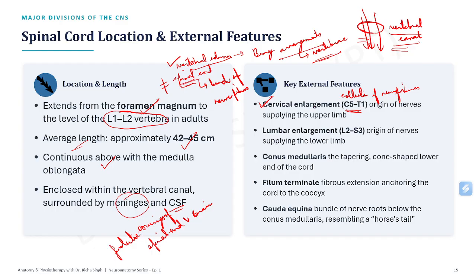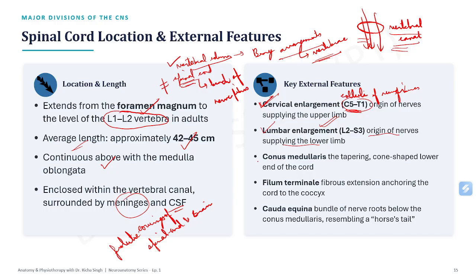So, cervical enlargement is a group of C5 to T1 origin of nerves that supply the upper limb. On the contrary, you also have a lumbar enlargement present at the level of L2 lumbar vertebrae and S3 sacral vertebrae, where you have origin of nerves supplying the lower limb. So you have one enlargement at the cervical level, one enlargement at the lumbar level. Why do you call it an enlargement? Because it appears a little larger in size as compared to the entire spinal cord.